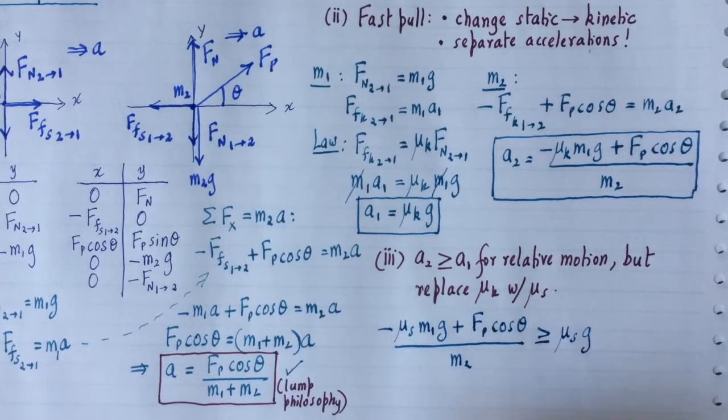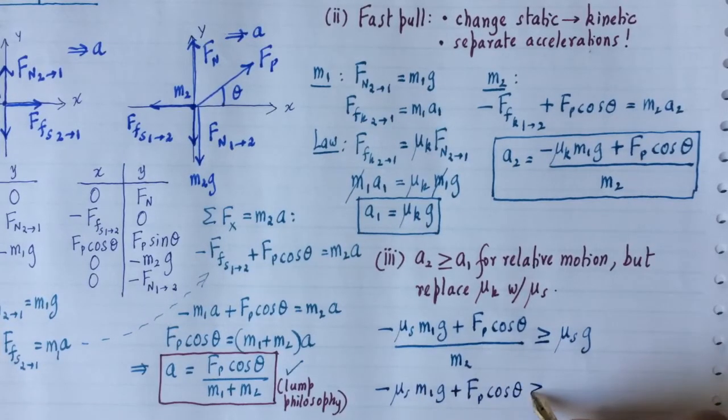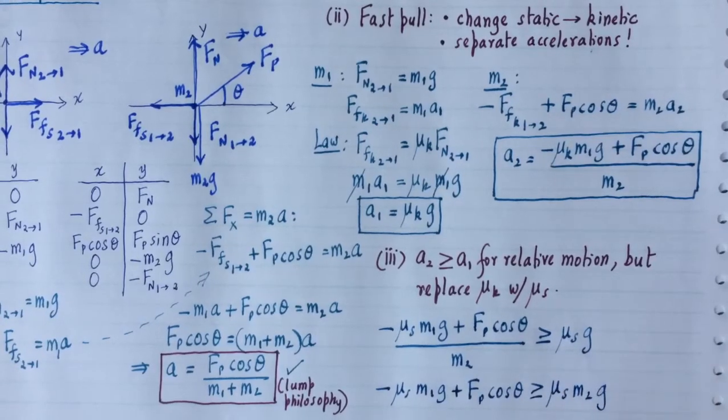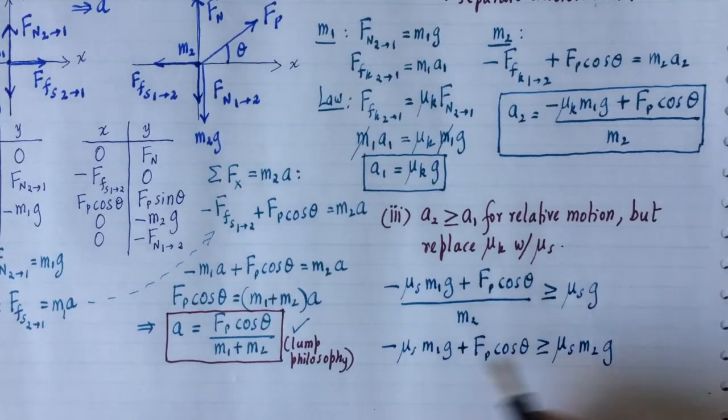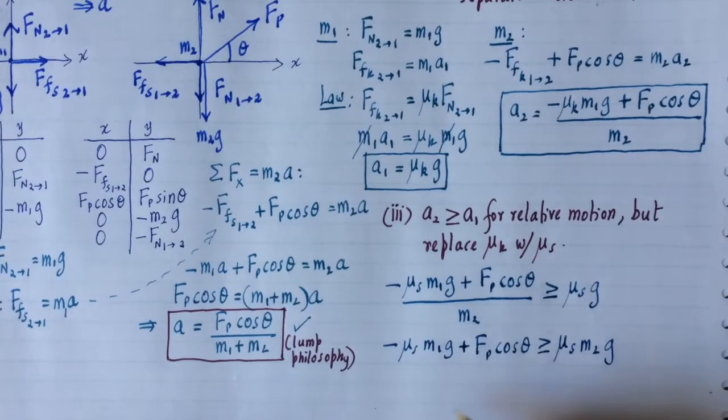All right, let us solve this. Multiply both sides by m2. And then add mu s m1g to both sides and divide by cosine theta.